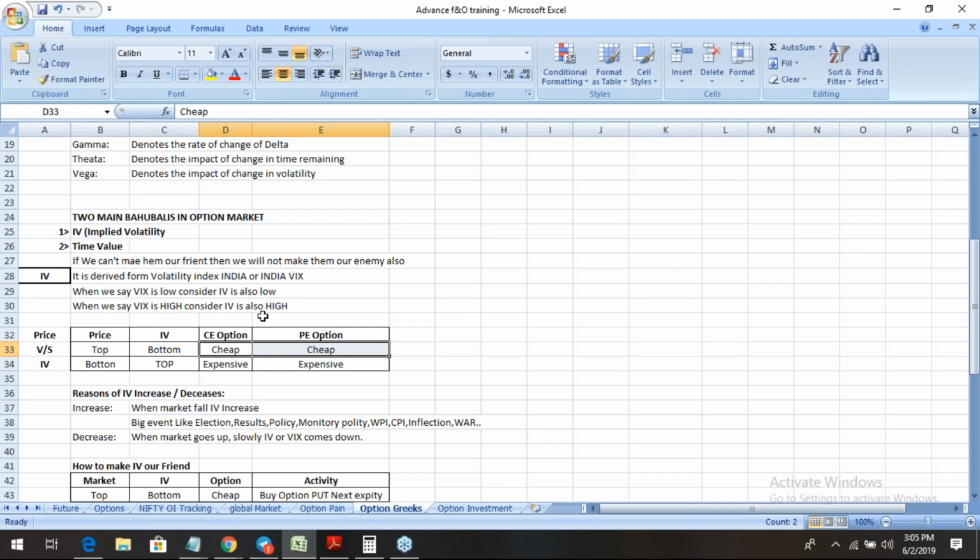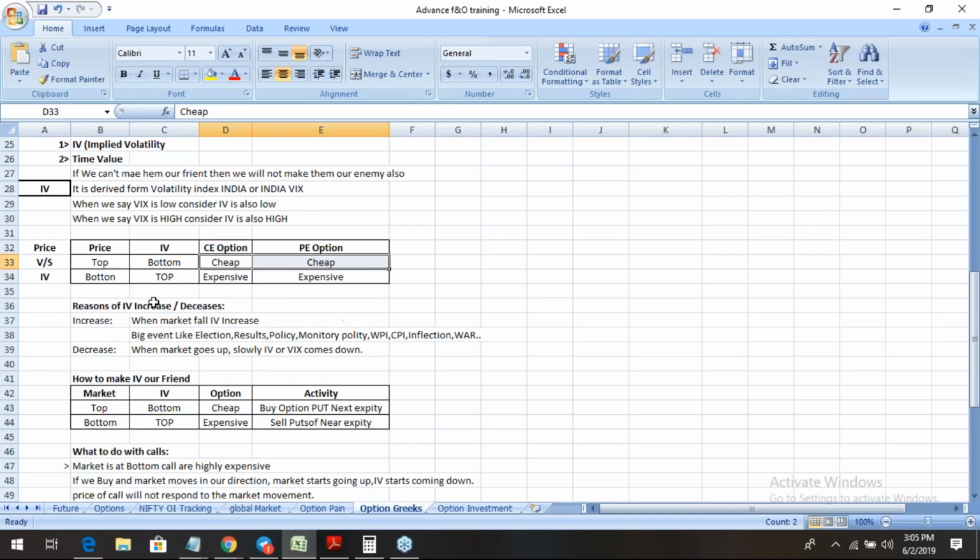Now this is VIX. Now the reasons for VIX increasing or decreasing. It increases when the market falls, IV increases, right? Or if the market falls too much, automatically IV increases. And the events are like election result, monetary policy, WPI, CPI, GDP, inflation, war.